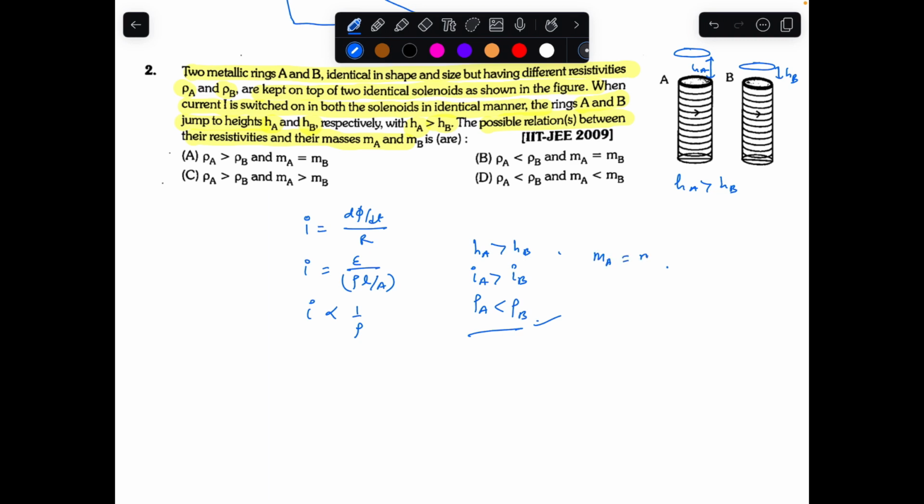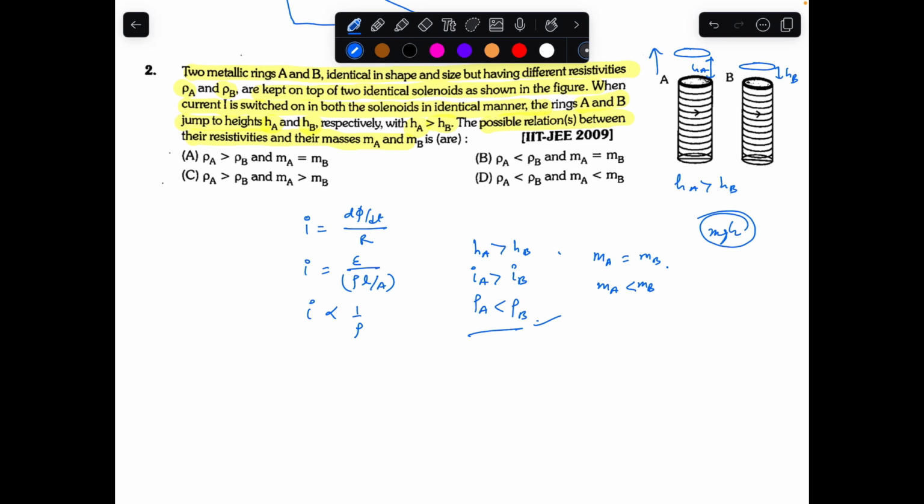And what about mass? Mass can be equal or mass has to be less. Okay, if mass is greater, it may not go to the greater height, correct? See why? Because when the ring is jumping, it has to do some work against gravity, that is mgh. Okay, from where is that energy coming?